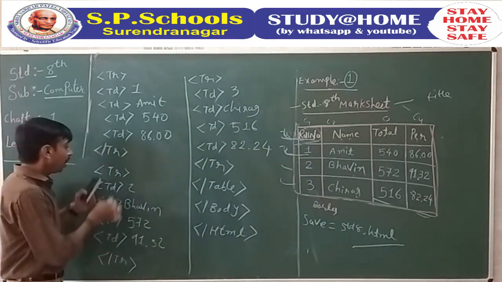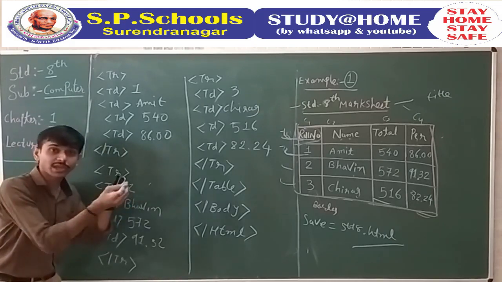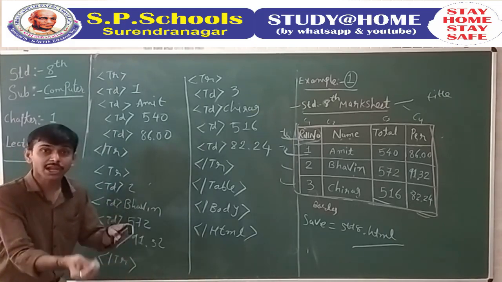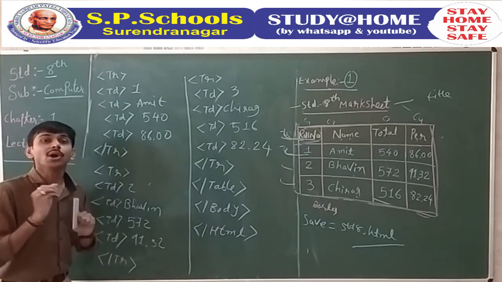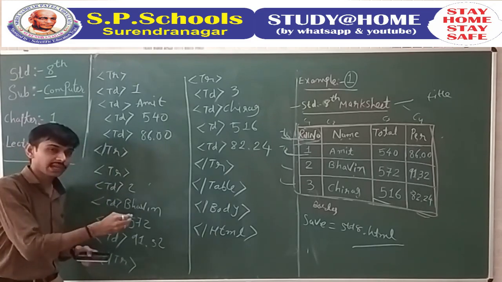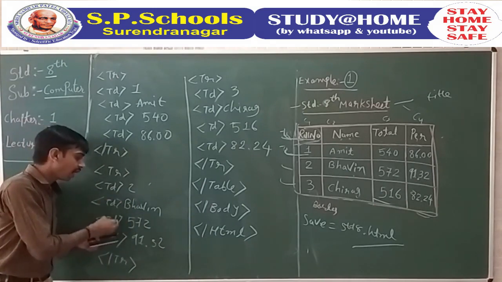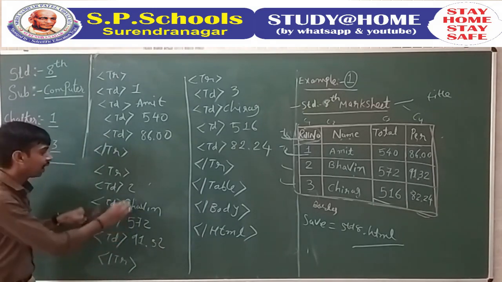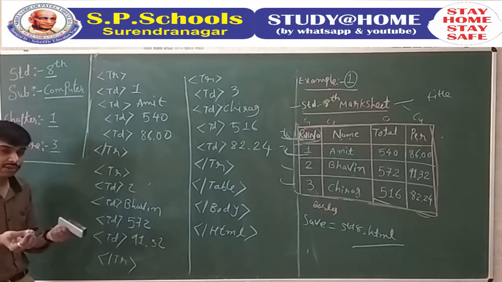One important thing here: if you want, you can complete your table data by closing it. Otherwise, you don't need to close it. If other tags remain and any table data tag comes next, then you don't need to close it. Otherwise, if you need to, you can do it.